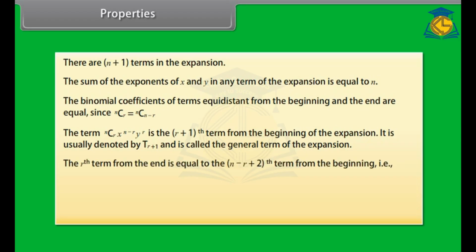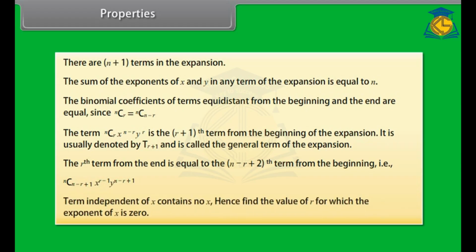The rth term from the end is equal to the (n−r+2)th term from the beginning, that is, nC(n−r+1) x^(r−1) y^(n−r+1). The term independent of x contains no x, hence find the value of r for which the exponent of x is 0.